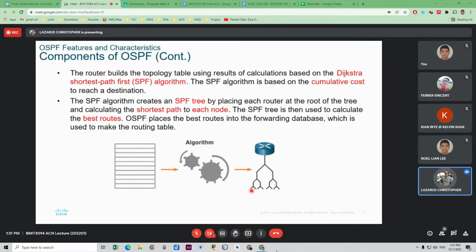At the end, when you reach the destination, what is the cost? Then if you have multiple paths, you compare the paths based on the cost. So the shortest path with the least amount of cost will be the best route, and that will be selected to enter into the routing table.